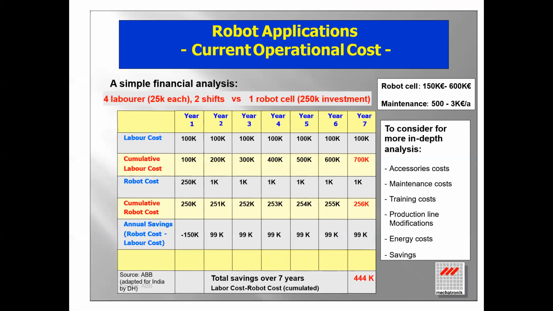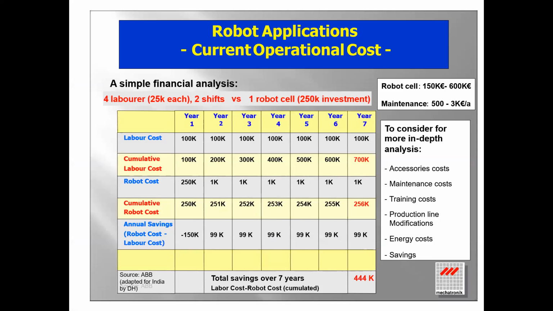If you look at it and analyze it, you replace maybe 4 laborers, who earn, let's say, 25K each, with 2 shifts and 1 robot, which costs 250K. The source is from ABB, but I've adapted it a little bit for India.